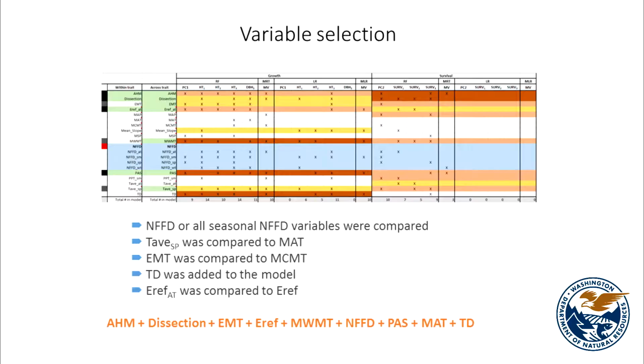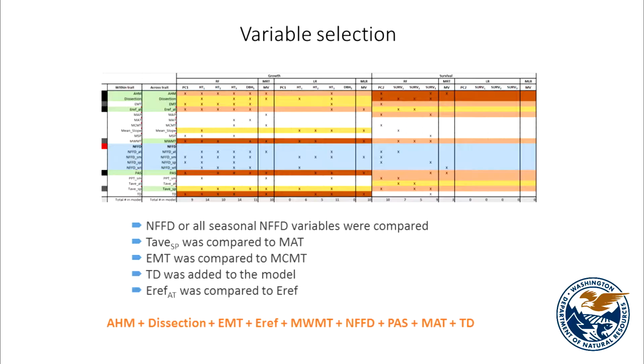And then when we were getting down into it, we realized that there were a couple of different final models that we wanted to be able to compare to one another to really see which site characteristic was more valuable than the other. And so we wanted to know whether or not we can include the seasonal number of frost-free day variables or just the annual number of frost-free days. You know, did it matter if we used one or the other?